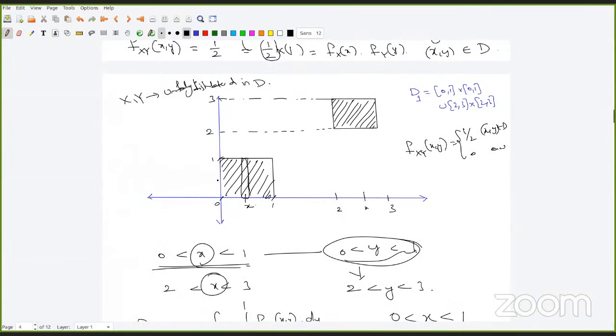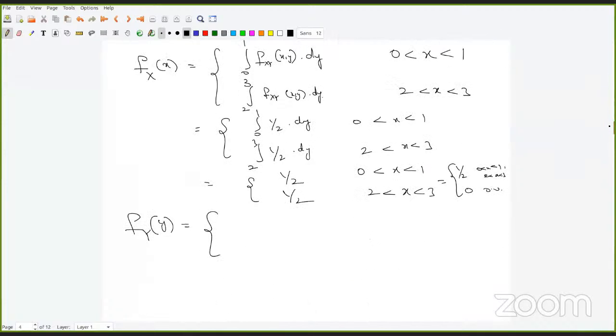If you take any random value y in between 0 to 1, my limits of x are from 0 to 1 only. There is no more 2 to 3. The support of x is actually 0 to 1 only here. Okay. So what we have to do is integrate from 0 to 1 of half dx when y is in between 0 to 1. What if my y is in between 2 to 3?